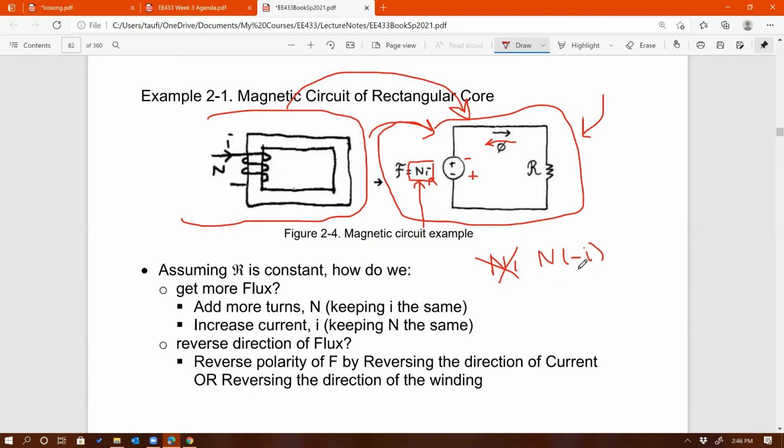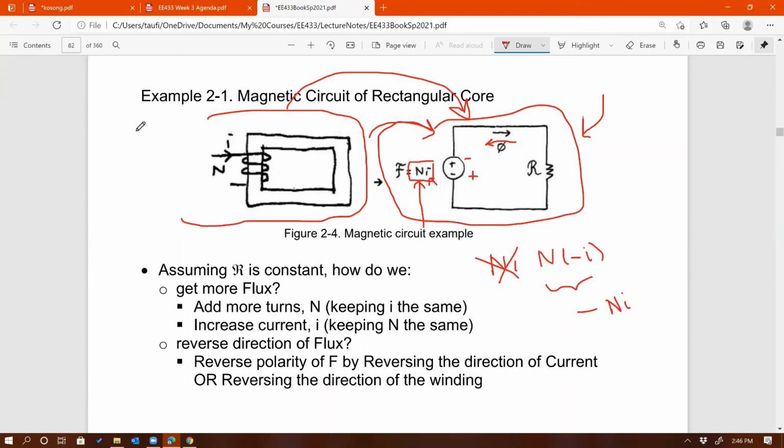Because the sign now becomes minus Ni. You agree? So that's something that you could get purely from the equation right there. So that's one way, by reversing the current that is being injected into this winding right there.